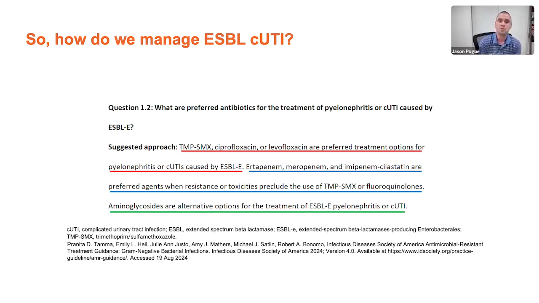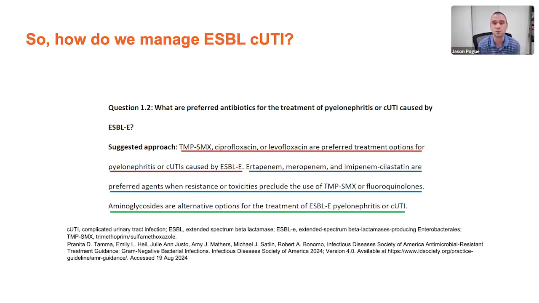They walk through all the different resistant types of organisms that we deal with and give you best practice, evidence-based therapeutic recommendations, importantly with the supporting literature behind them. And interestingly enough, as it relates to my presentation today, one of the questions, as you can see, is what are the preferred antibiotics for the treatment of pyelonephritis or complicated UTI caused by ESBL-producing Enterobacterales, meaning organisms like E.